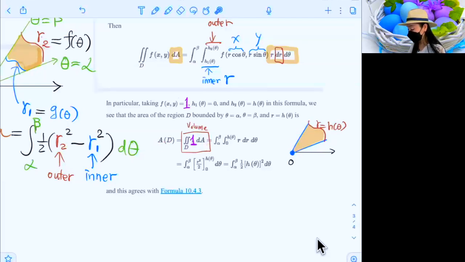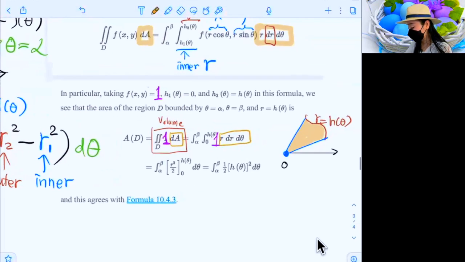And now on this side over here, the function is still 1, so you can put a 1 there if you want. And then you're going to replace this dA over here by r dr d theta.